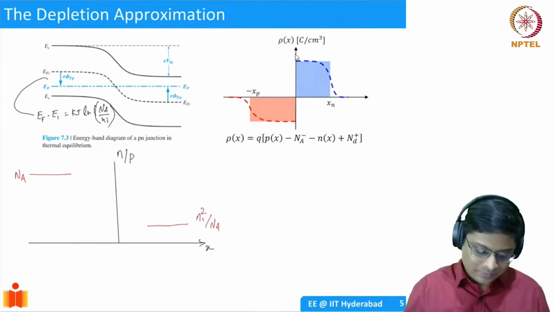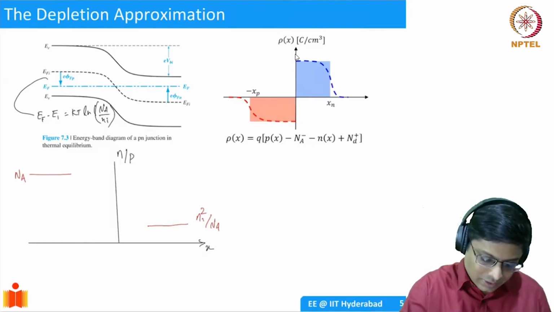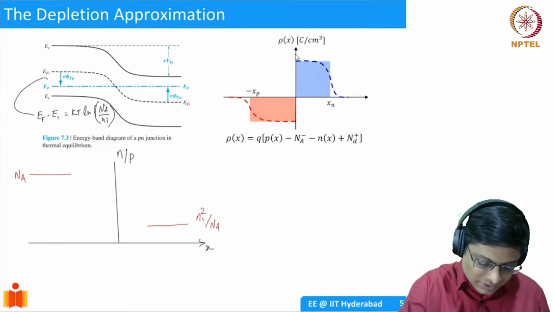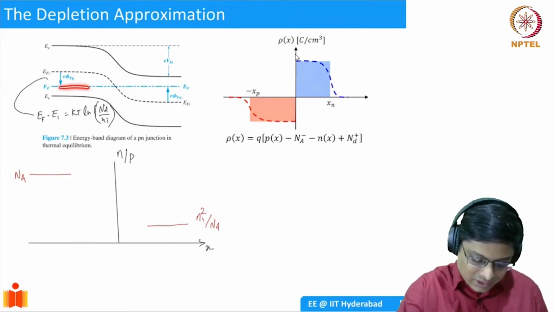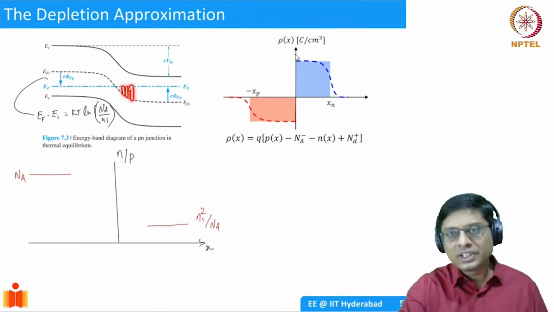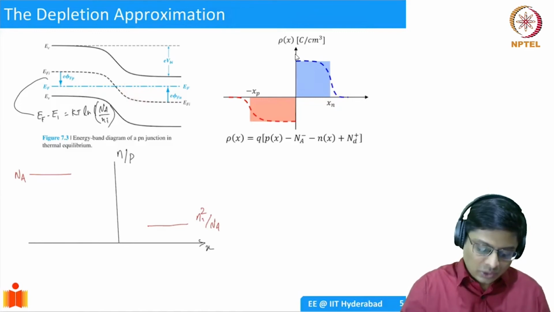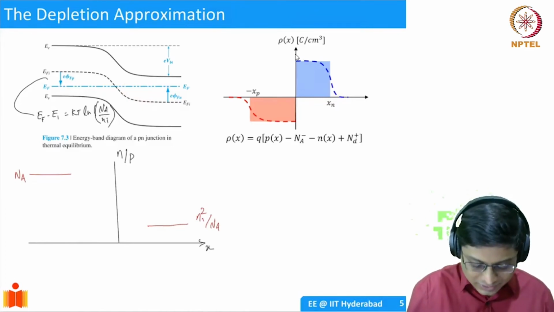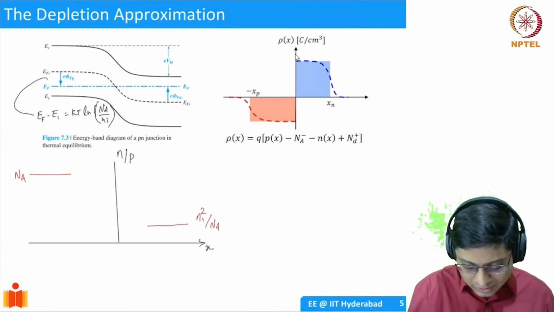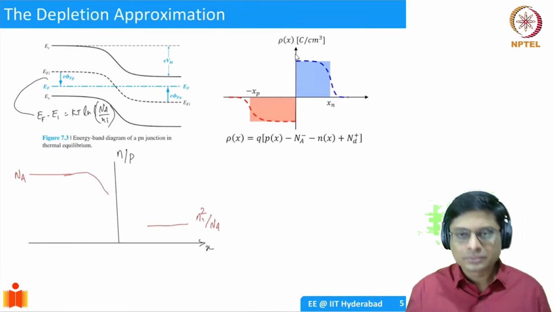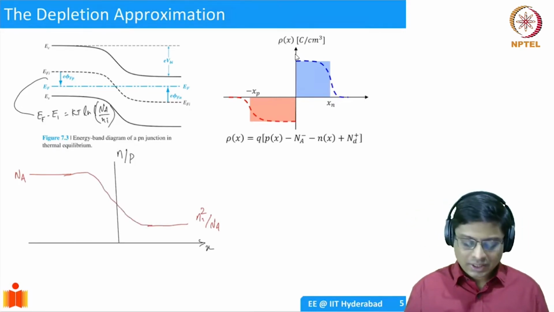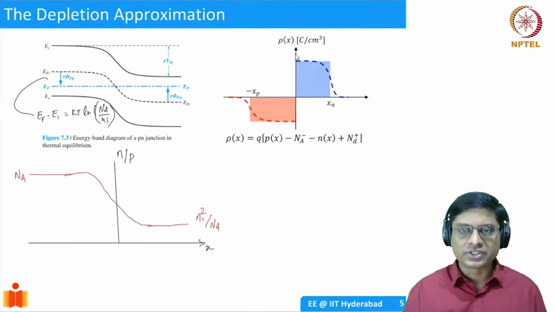As you move towards the junction, the distance between EF and EI reduces and then flips. There is a smooth variation of EF minus EI across the junction, so the hole concentration follows the same trend, varying smoothly across the PN junction.